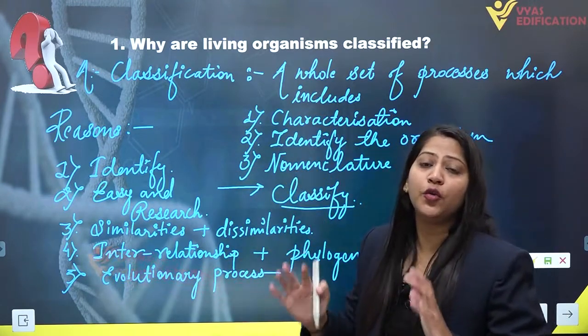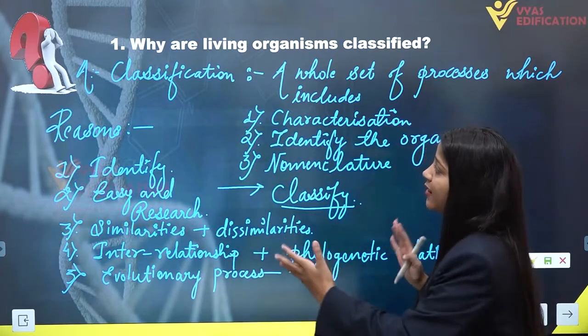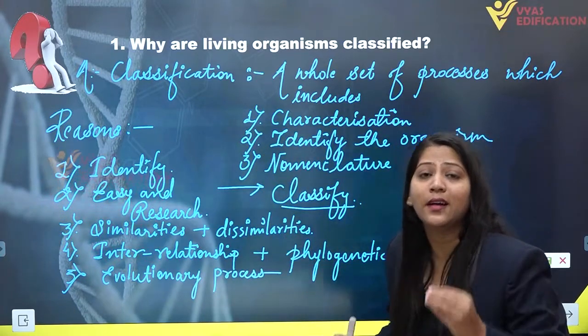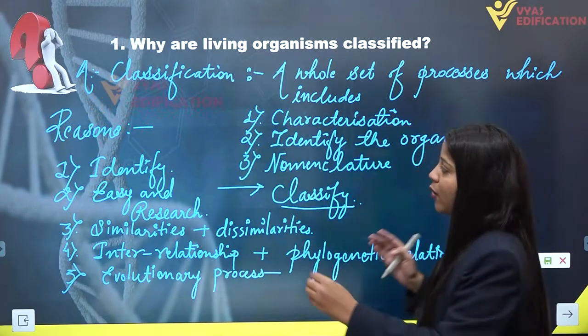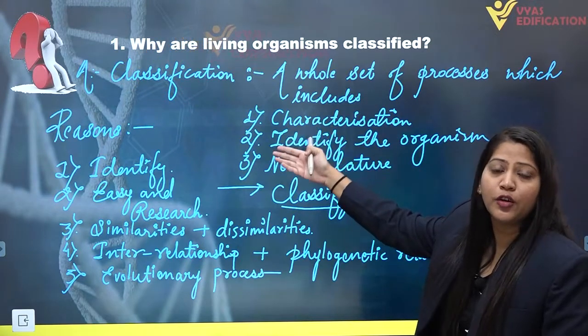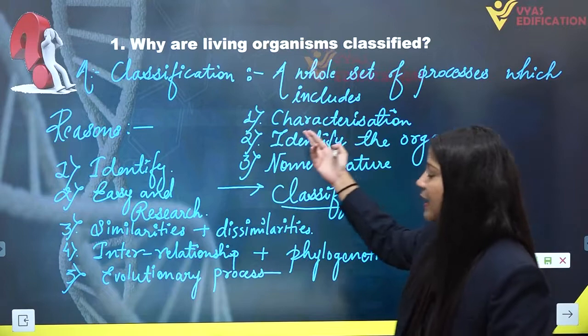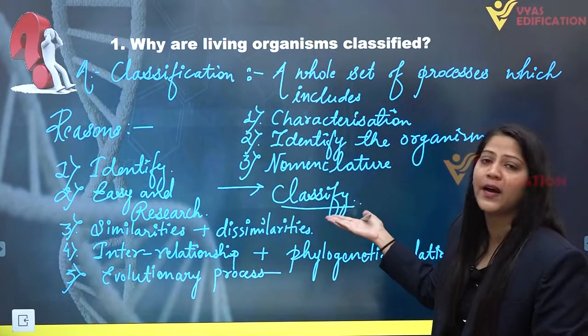I hope you got the clear answer of what classification is and why living organisms are classified. It is a system which includes different processes such as characterization, identification, nomenclature, and then finally we classify the organism.